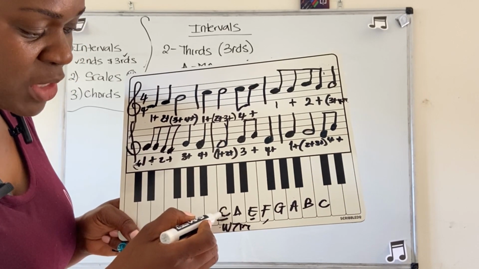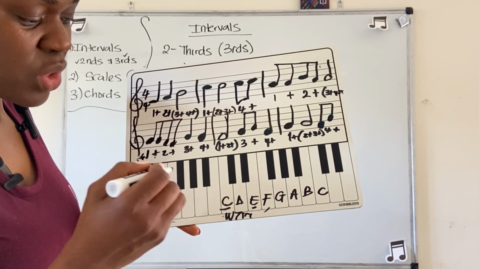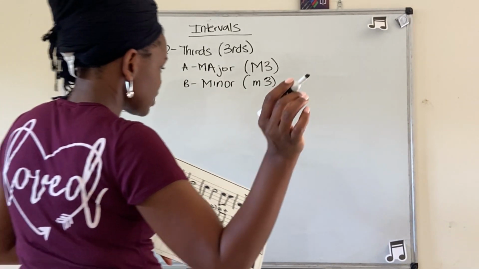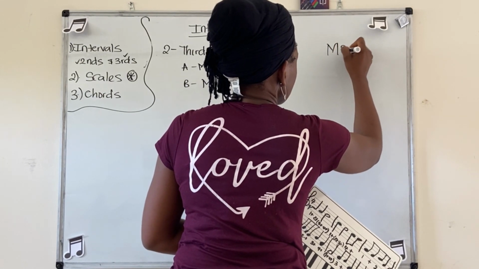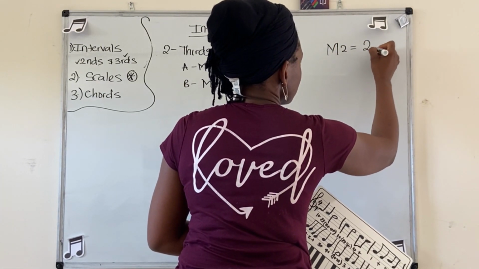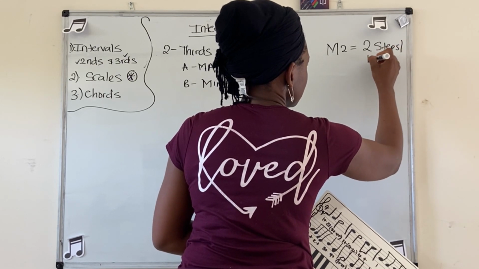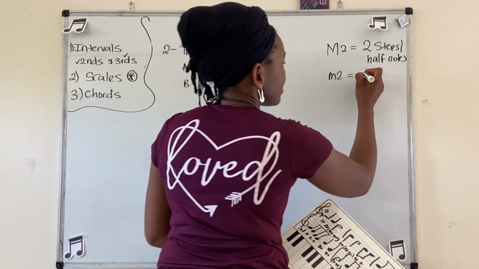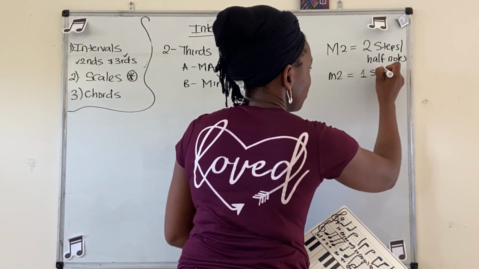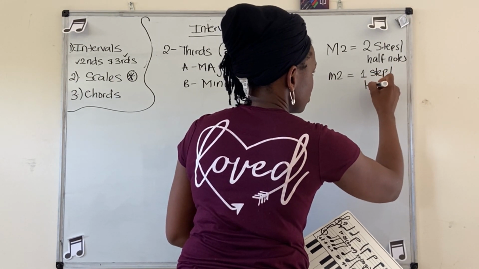It has how many half steps? 1 half step, second half step. So that's an aside. A major second has 2 steps or 2 half steps. A minor second has 1 step or 1 half step.